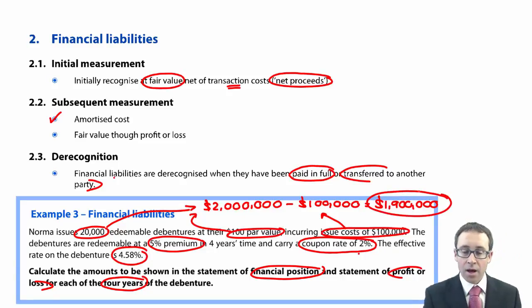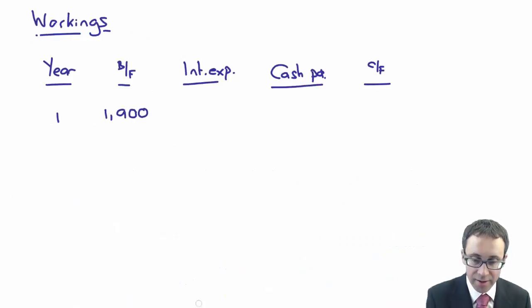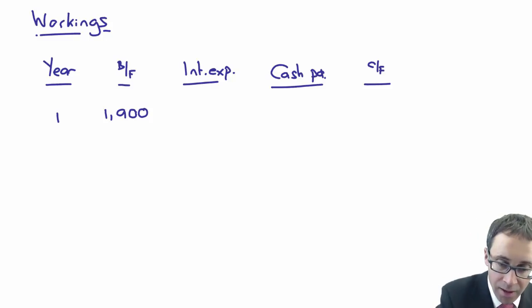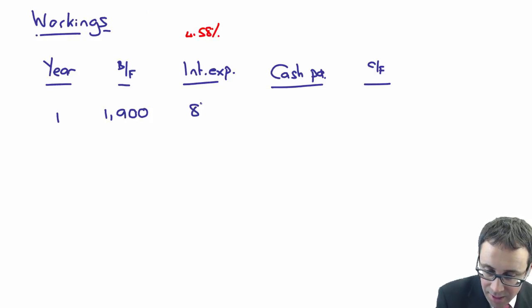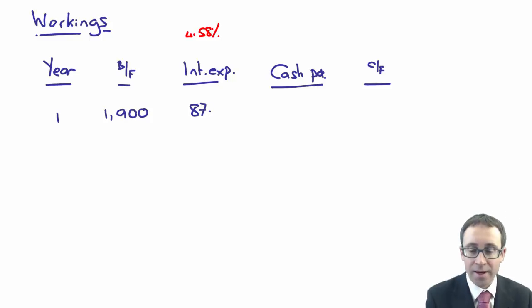You've also got the effective rate at 4.58%. So 0.0458 times 1900 gives 87.